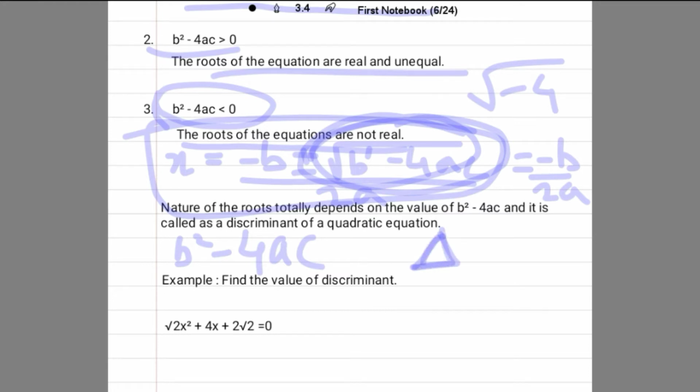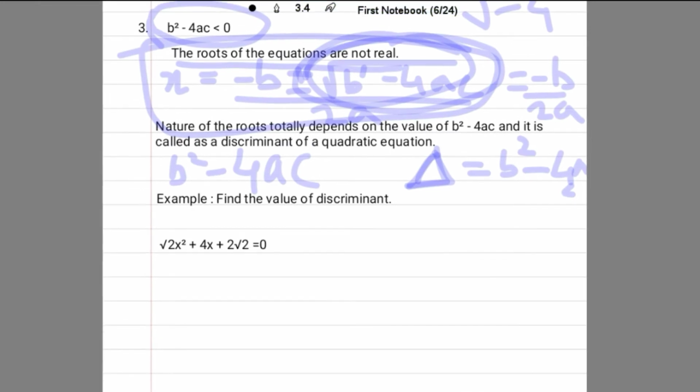So we can write delta is equal to b square minus 4ac. We will solve a question based on that. Generally the questions are: find the value of the discriminant, or find the value of the discriminant and tell the nature of the roots.